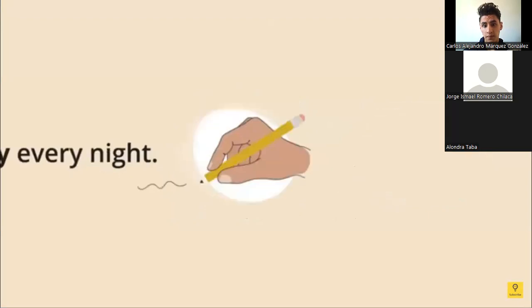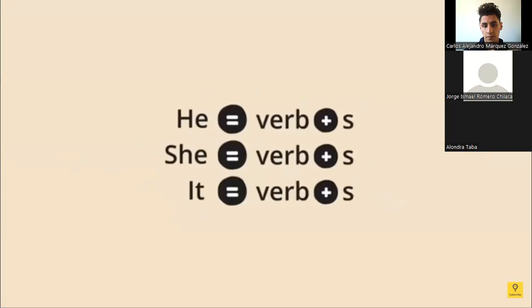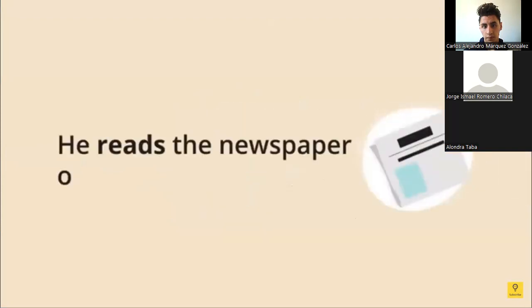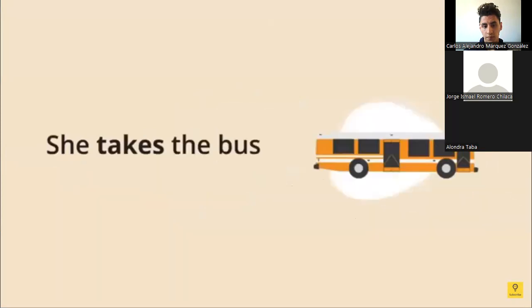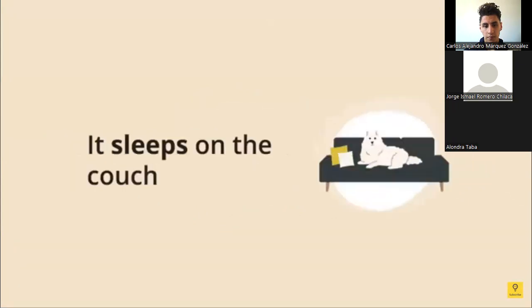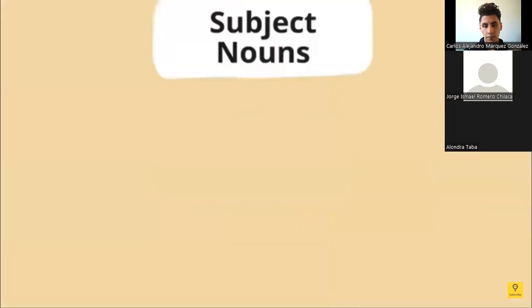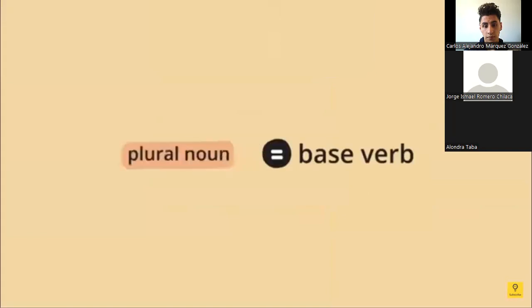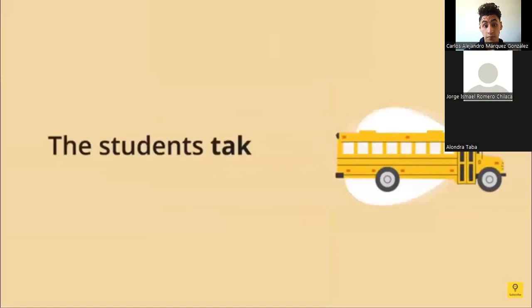We use verb plus S when the subject pronoun is he, she, or it. He reads the newspaper on the weekend. She takes the bus to work in the morning. It sleeps on the couch every day. We use a base verb when the subject noun is plural. The students take the bus to school.